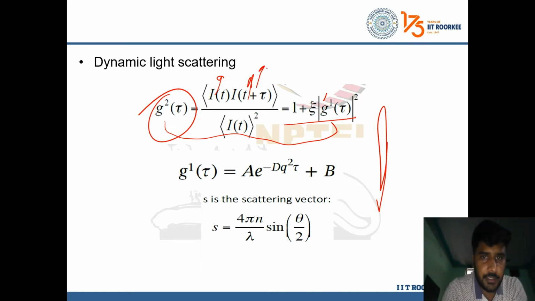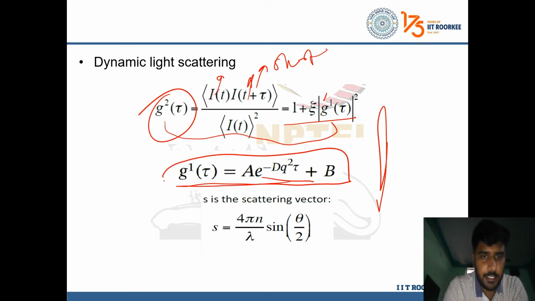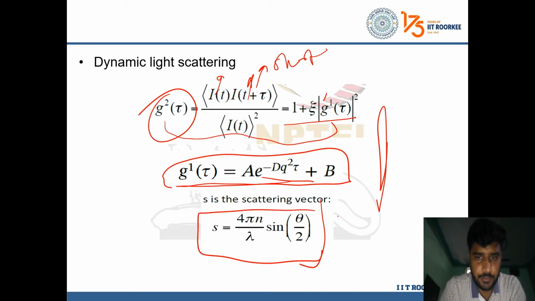This is the short interval of time, that is tau. Okay, and the final relation you will get like this, and s is the scattering vector. So these are the formulas only for your revision. On the fundamentals, how you are getting these formulas, you can go to the theory part and see the details.